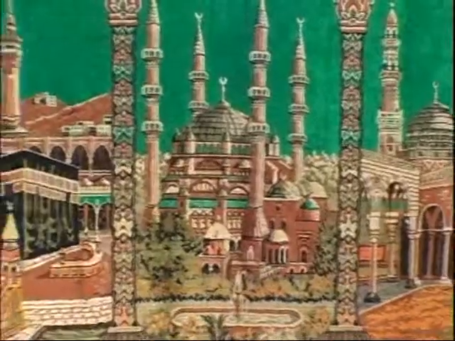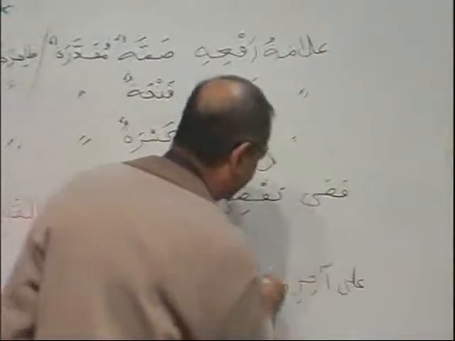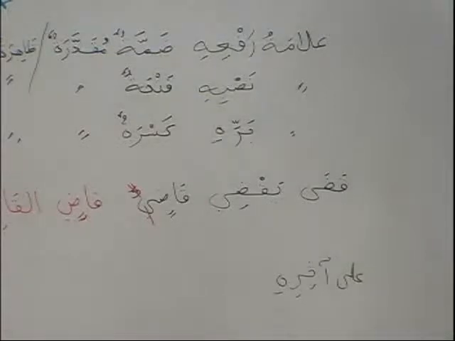Now sometimes people write like this also, brothers and sisters. What did I write down? Ala akhirihi means at the end of it. Huh? If you want, you can add it.